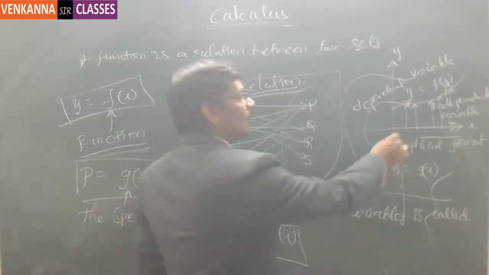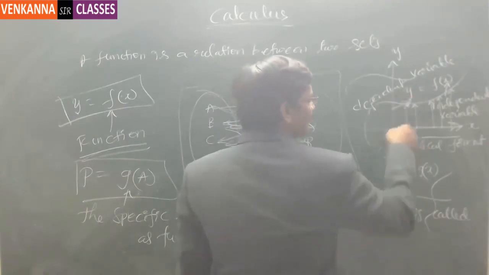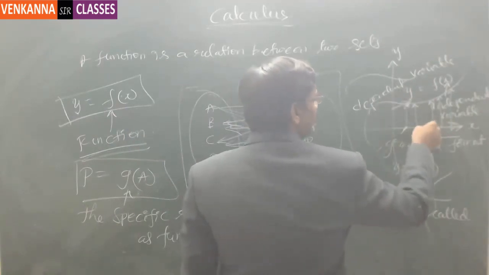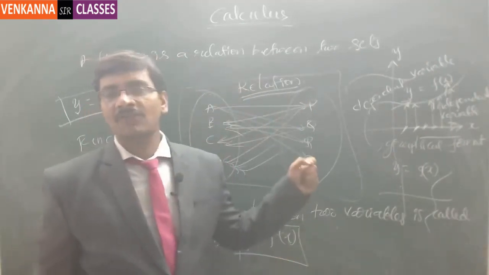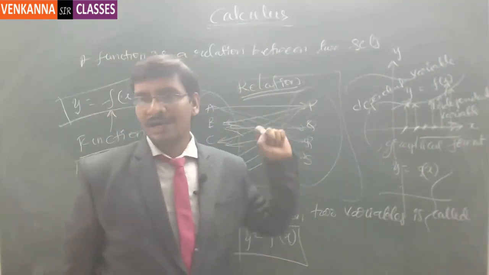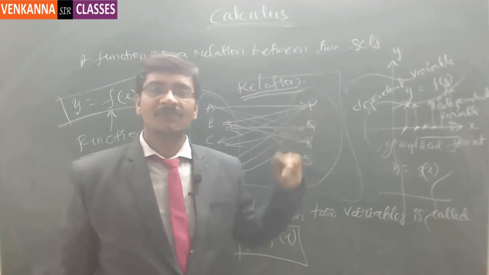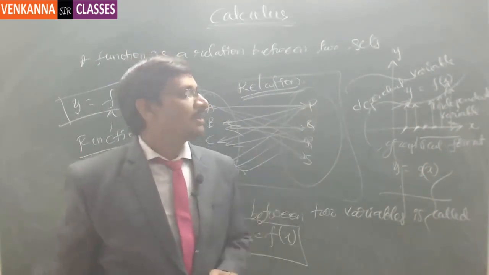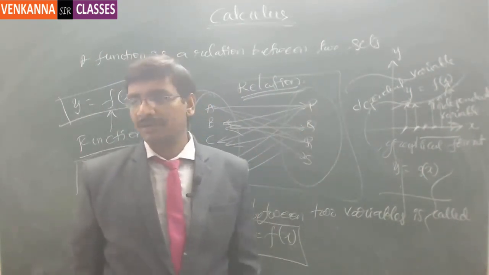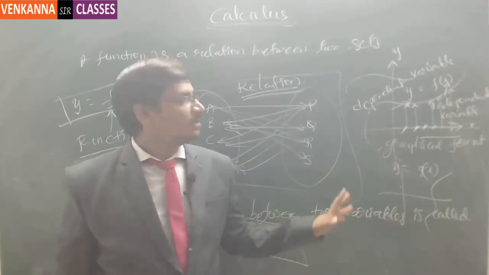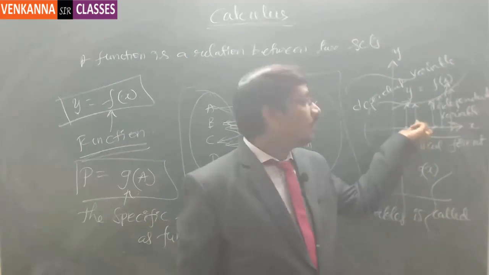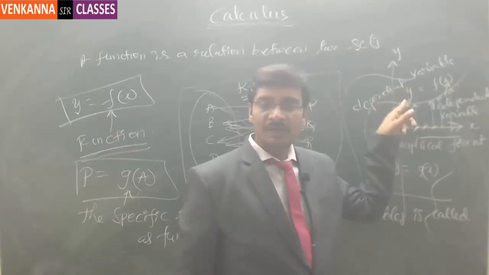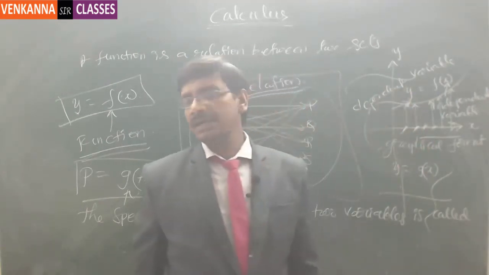Now here, whatever graph I have drawn, for x is equal to 1, x is equal to 2, x is equal to 3, x is equal to 4, like that, I will be identifying the value of the independent variable, and correspondingly I will be calculating the value of y, and then putting it on the graph and trying to trace the graph. But I am not concerned about, for a small change or any change in the value of x, how it is effectively changing the value of y. These changes I didn't consider.